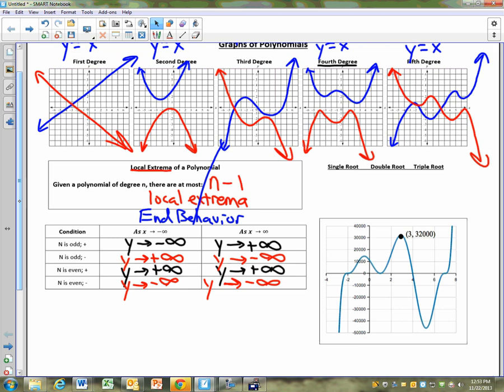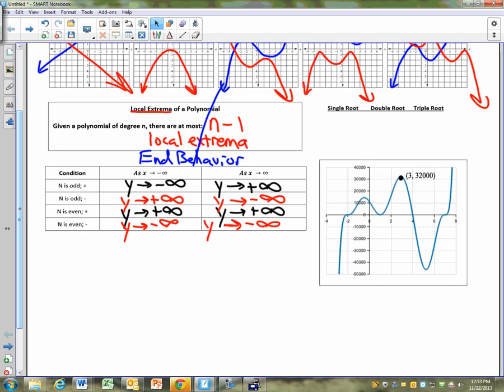Now, do you see that all the evens, they start and end in the same area, don't they? If they start up, they finish up. If they start down, they finish down. All the odd ones, they switch. And that's probably the most important thing that you can think of today as we prepare for later on.